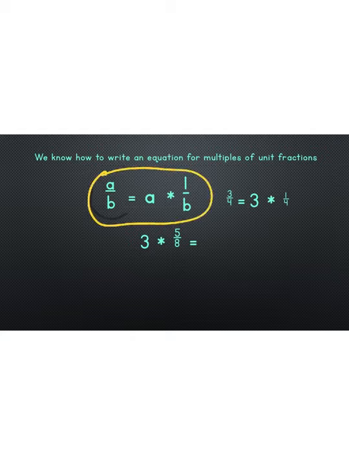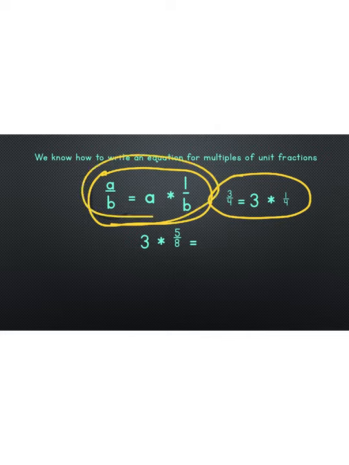This is our formula or our rule that we developed yesterday. So A over B equals A times 1 over B. And what I did here was I just made a sample equation. So I have 3/4 equals 3 times 1/4. So 3 is A. Okay, so you've got a 3 where the A would go from this picture here. And then you've got a 4 where the B would go.